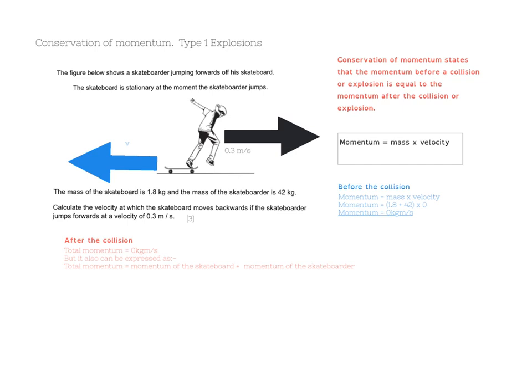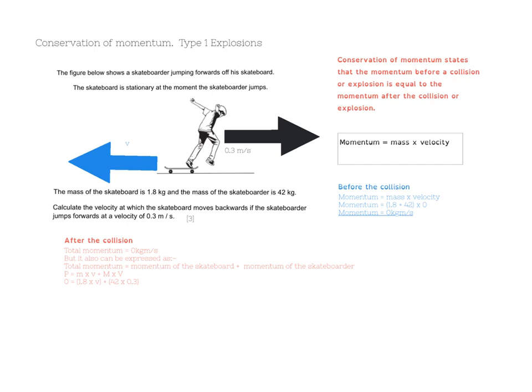We can also write that the total momentum is equal to the momentum of the skateboard plus the momentum of the skateboarder. So what we can do now is substitute in the values underneath this, so we get the correct equation, and hopefully we'll substitute something in for v here and be able to work out what the velocity is. So now I've written in here that the total momentum, big P, is equal to little m times little v for the momentum of the skateboard, and big M times big V for the momentum of the skateboarder.